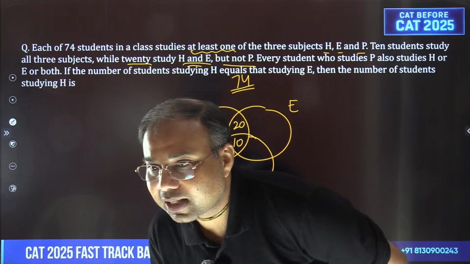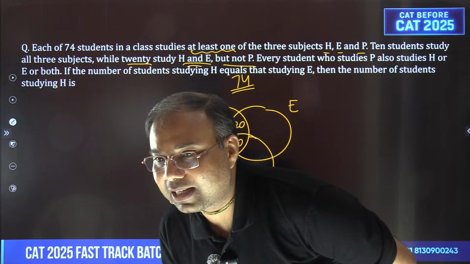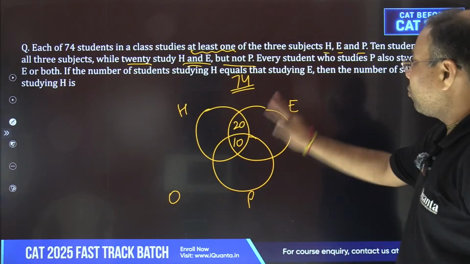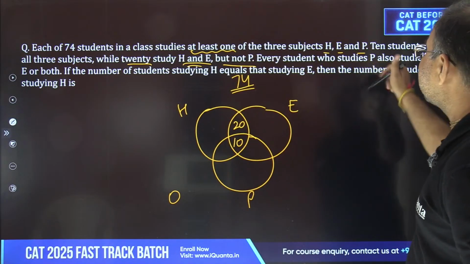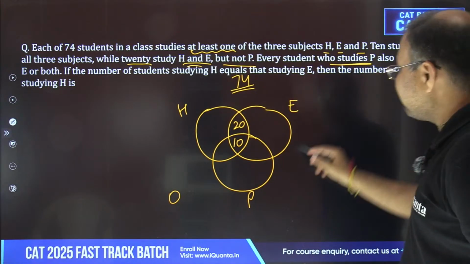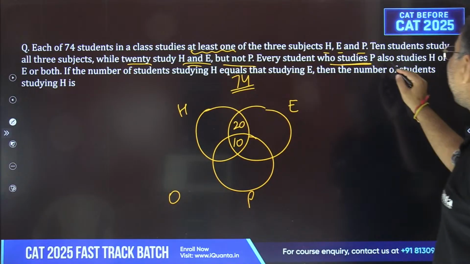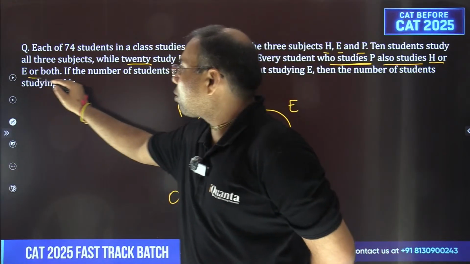Ashish is saying 47 and two more are saying 52. So Ashish and Tejaswini are writing 47, others are saying 52. Okay, let's see. So far it's fine. Next it says every student who studies P, meaning the numbers in this circle, also studies H or E or both.